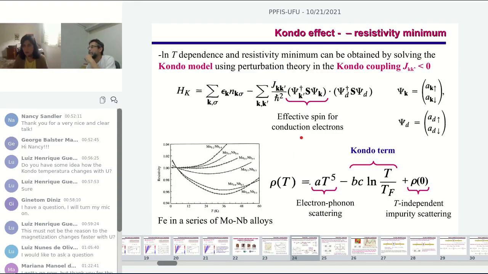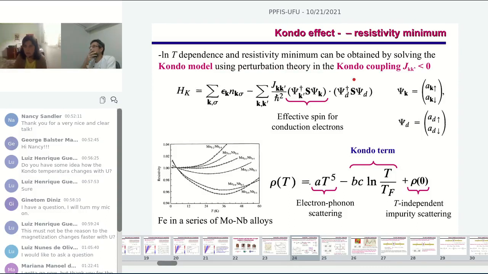The Kondo model has a term which is similar to the one that we had before in the XXZ model. It's a term where we have an S.S interaction, a coupling. One S comes from the impurity, so this d here represents the impurity, because electrons in d orbitals usually are more localized than s or p electrons. That is, they form local moments, right?